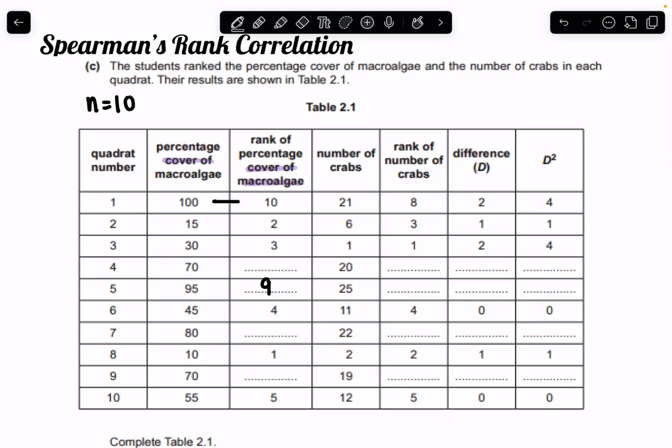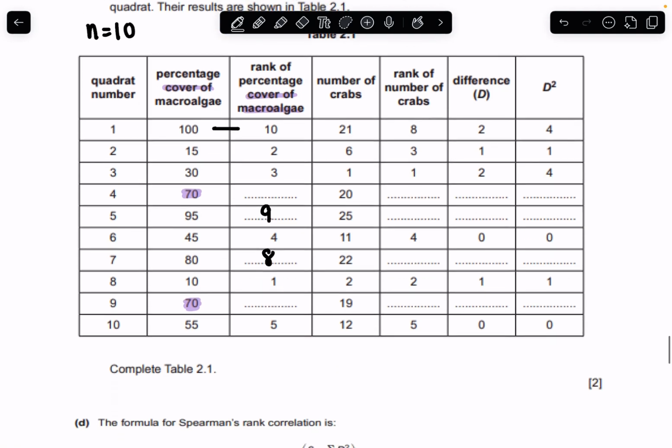After 95, the next closest number is going to be 80, so that'll be 8. Now we have two numbers that are exactly the same. Since two numbers that are exactly the same cannot be ranked different numbers, you need 6 and 7, but we can't change 70 to 6 or 7. We can't separate those two numbers. It's the same number.